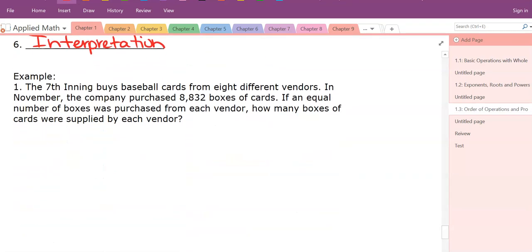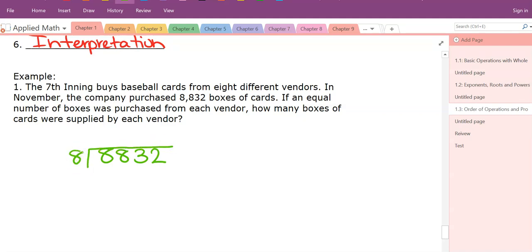So this first example: the 7th Inning buys baseball cards from 8 different vendors. In November, the company purchased 8,832 boxes of cards. If an equal number of boxes was purchased from each vendor, how many boxes of cards were supplied by each vendor? So we know that they received 8,832 boxes, and they bought from 8 different vendors.